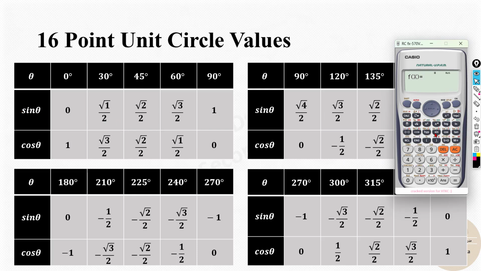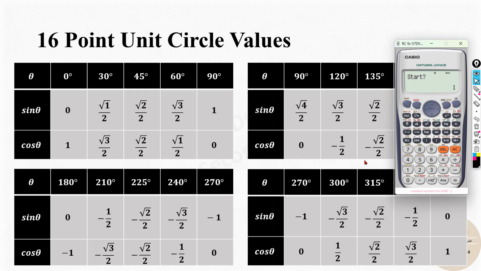Let's do sine x first. Now, when you press equal to g of x, most calculators won't have this option. If yours does, you can put the second function as well, or you can do it separately. But in this case, let me do it separately, because many of them won't have this option.